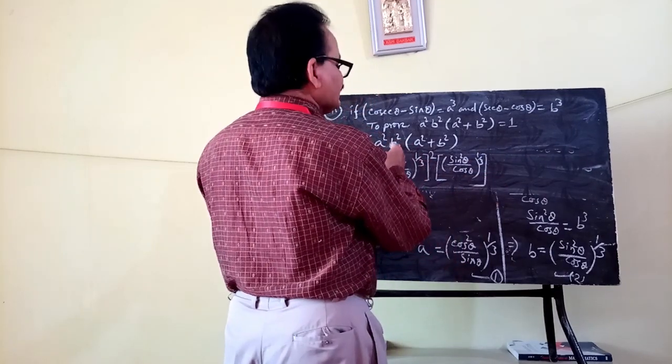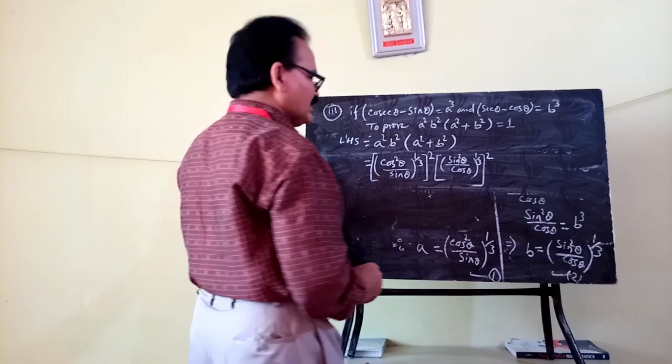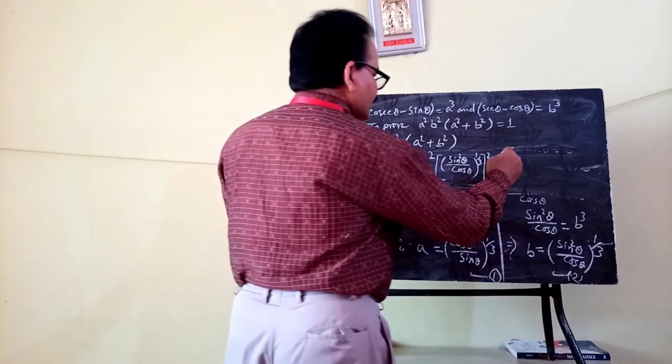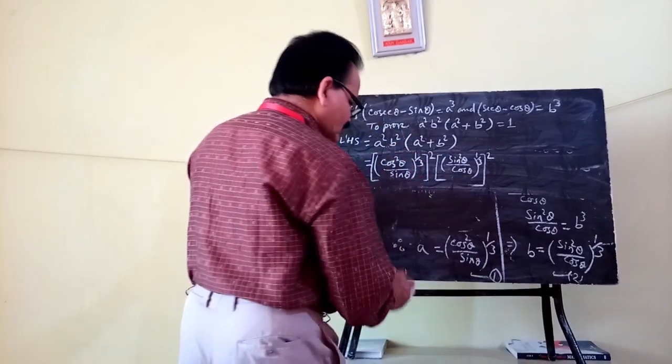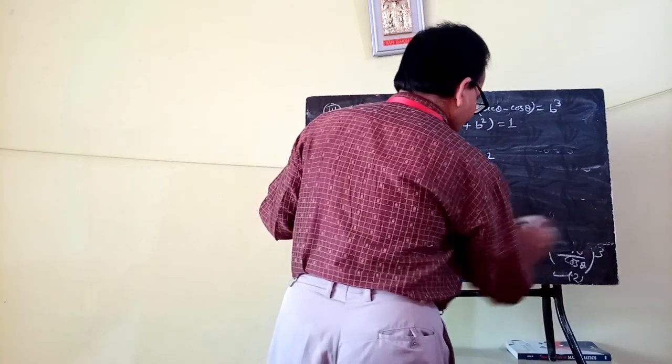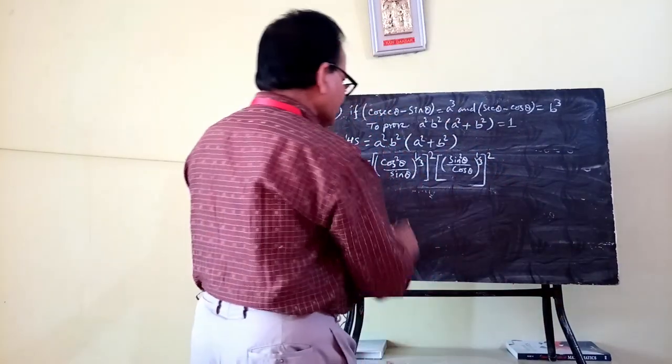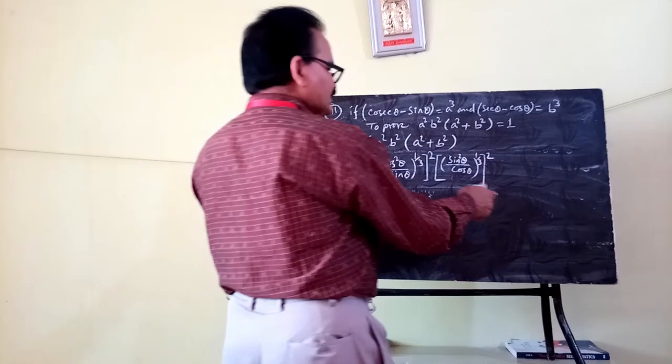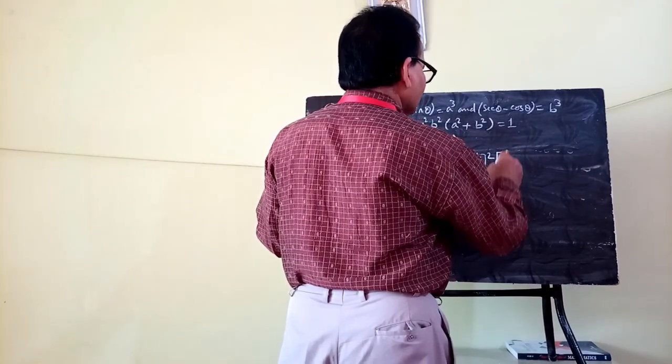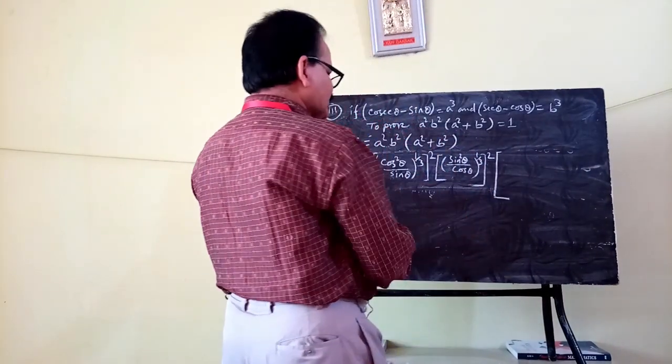Again outside, because it is b square, you write power 2. Now after that this is a square into b square. There is another term for a square plus b square.